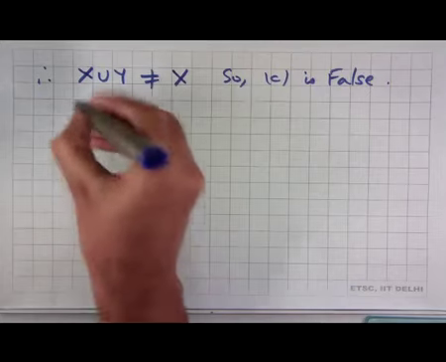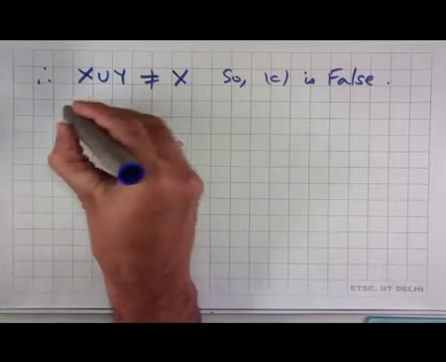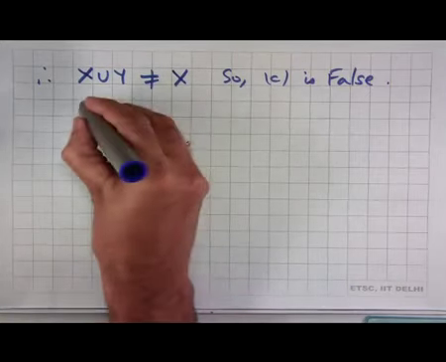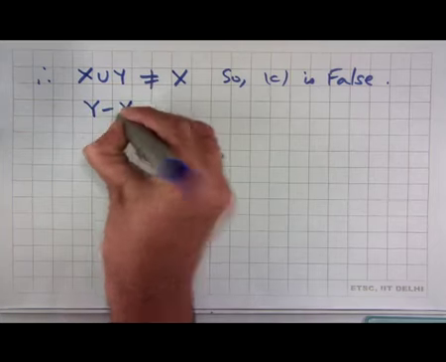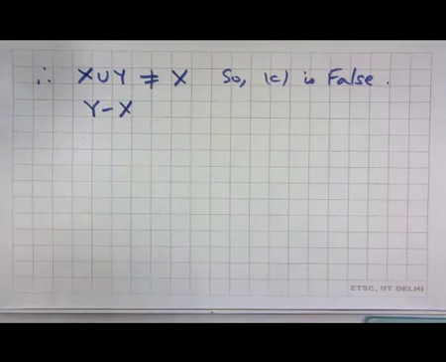And B says that Y minus X, can this be equal to X union Y?